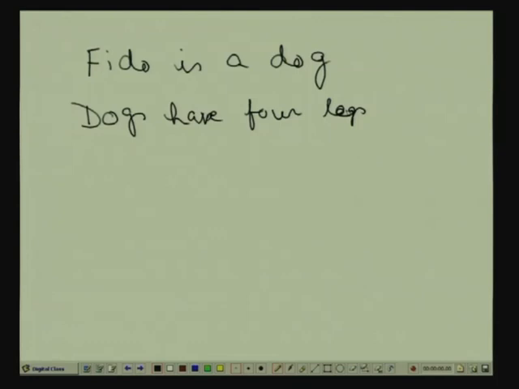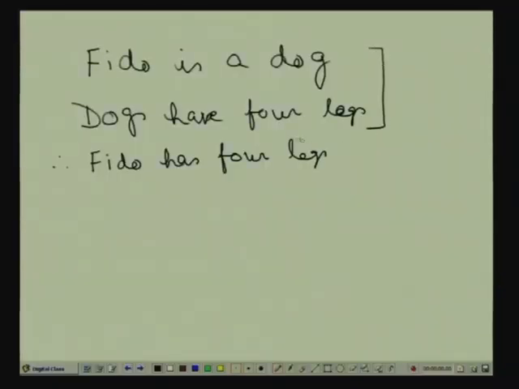Therefore, I can infer that Fido has 4 legs. Now, if I know that Fido met with an accident and had one leg amputated, then obviously this reasoning will fail.